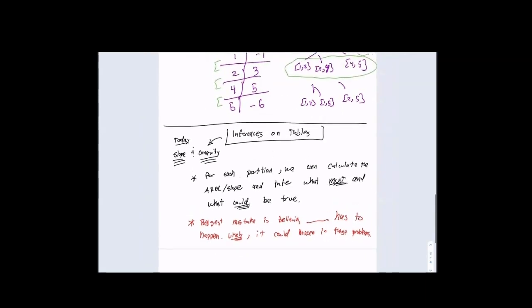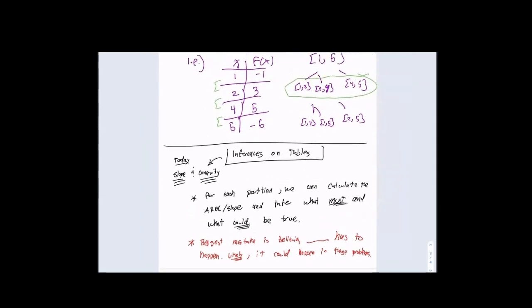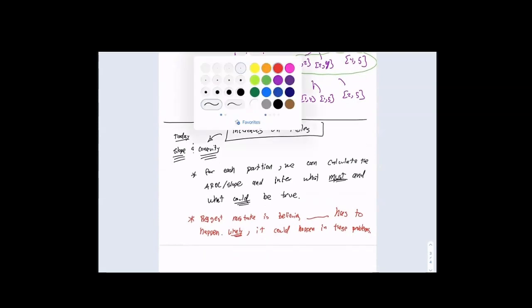We don't know. And I want to take a little bit of time to talk while you're writing this down. Between the interval of 1 to 2, we know the function goes from -1 to 3. But because of EVT, that doesn't mean the function cannot be lower than -1 or higher than 3. It is possible that the function goes lower than -1 or higher than 3.